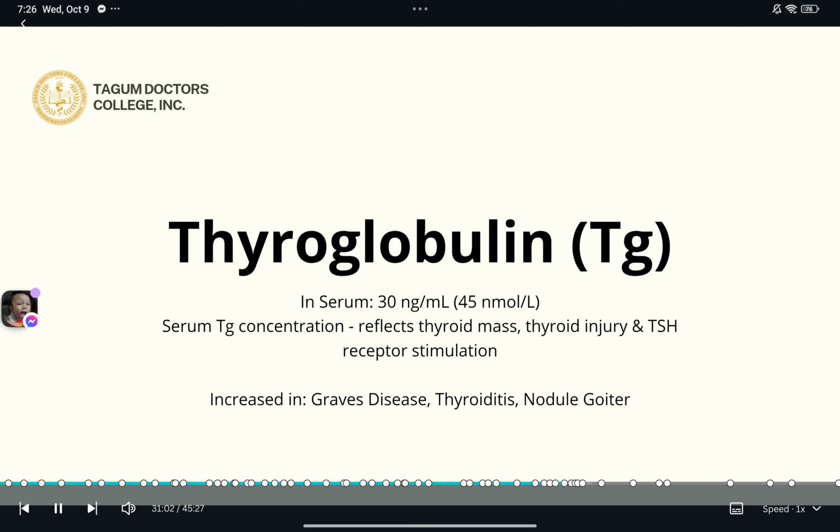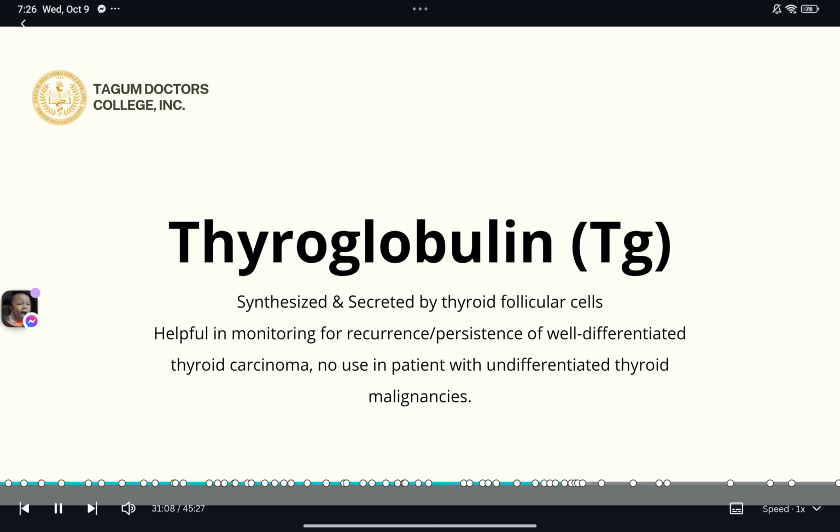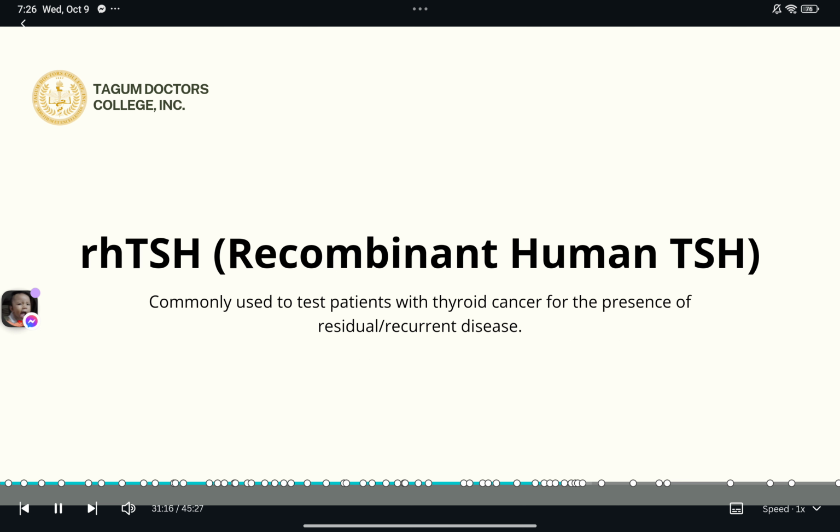So usually, ang thyroglobulin nato is useful when screening for thyroid carcinoma. Okay, next we have our recombinant human TSH or our rhTSH. It is commonly used in patients with thyroid cancer for the presence of residual or recurrent na disease.